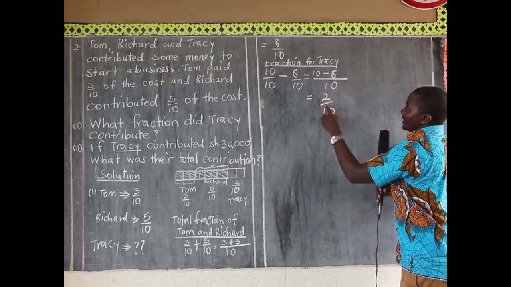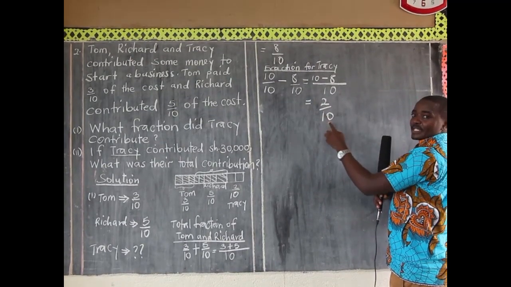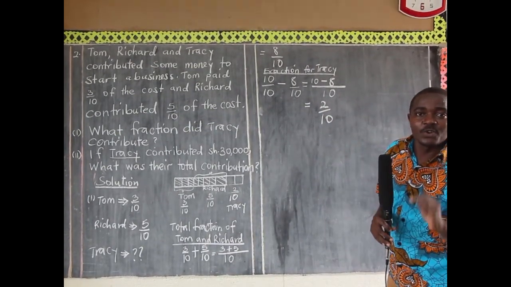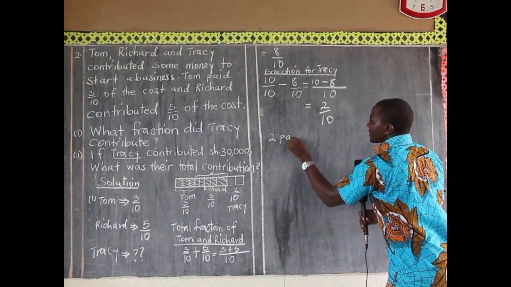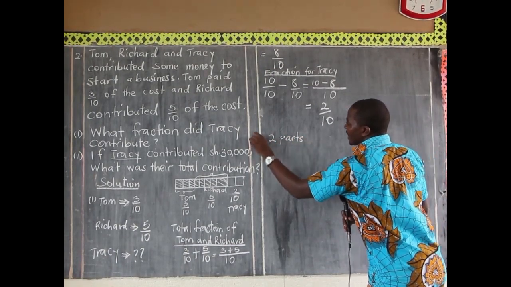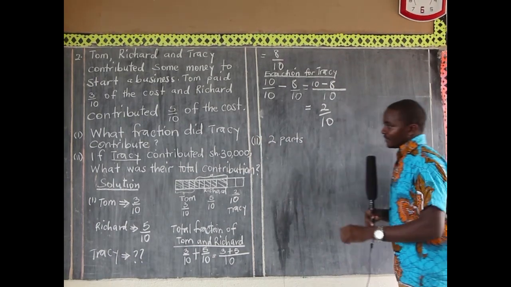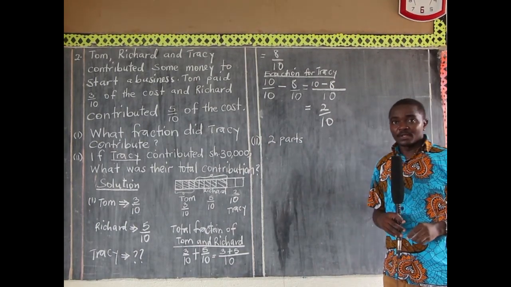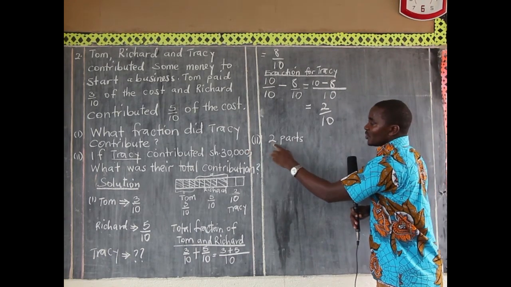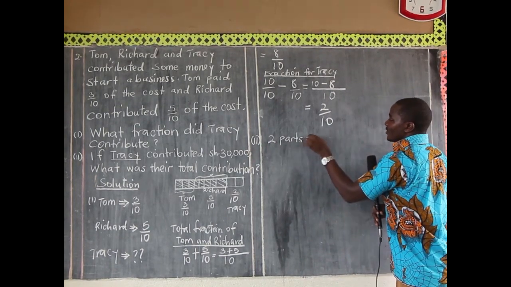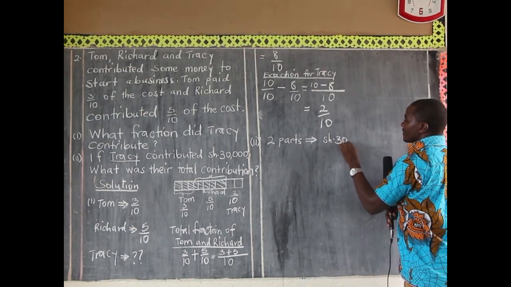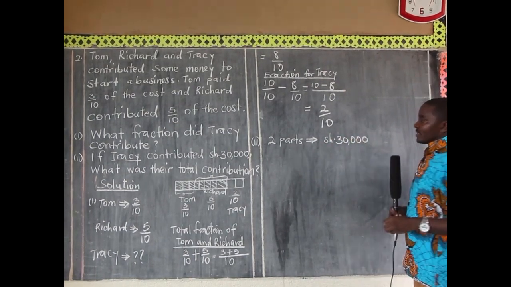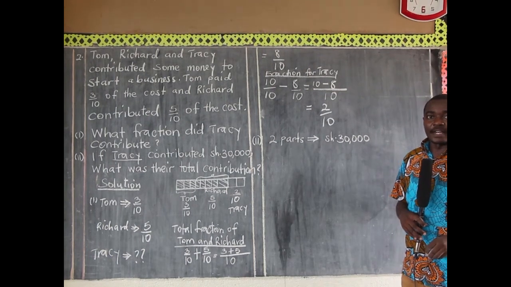Look, 2 parts out of 10 parts represents Tracy's contribution. So we are using Tracy's 2 parts to represent 30,000 shillings. Are we together there?